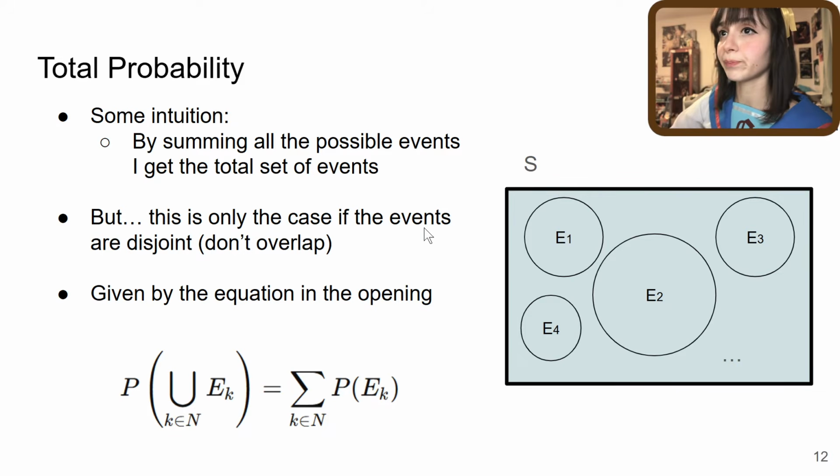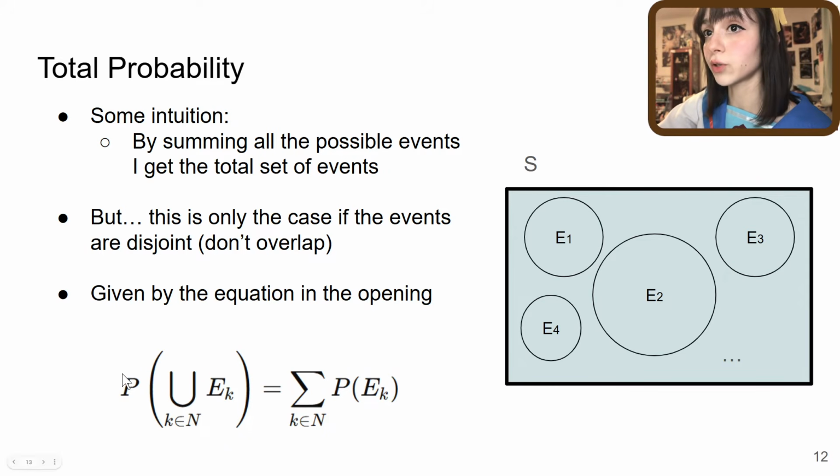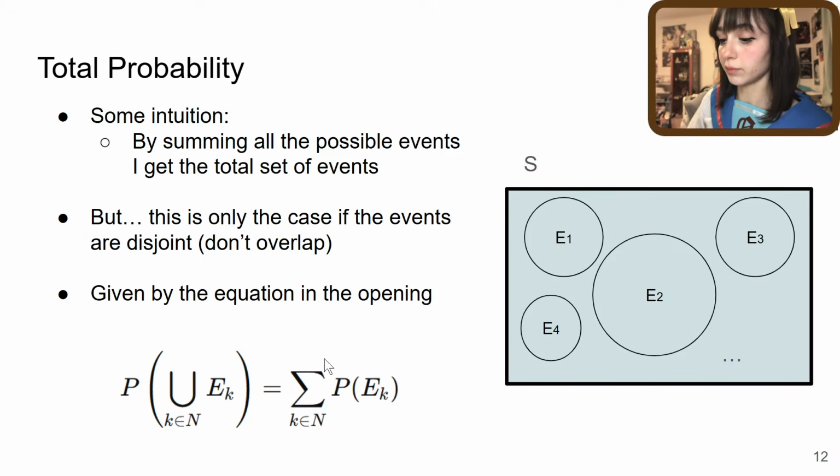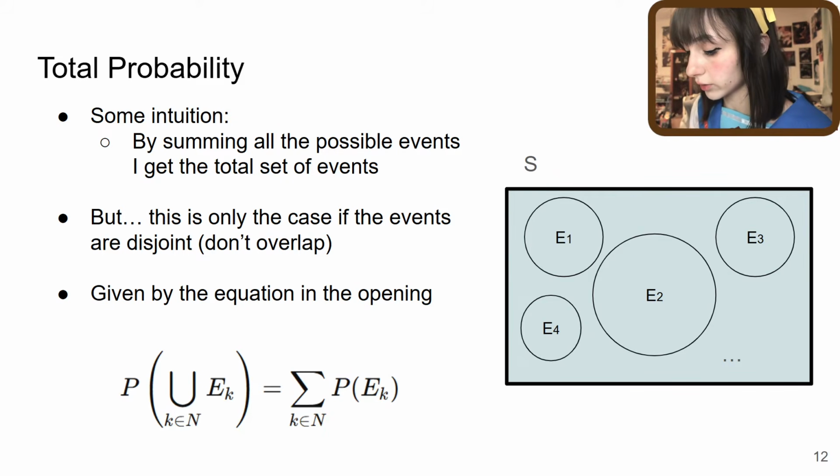For the case of disjoint events, we can just add the probabilities of each of the individual events, and we arrive at the equation given in the opening. The probability of the union of all my events, which is S, is equal to the sum of the probabilities of each separate event, because they are disjoint. But this is not valid if the events are not disjoint.